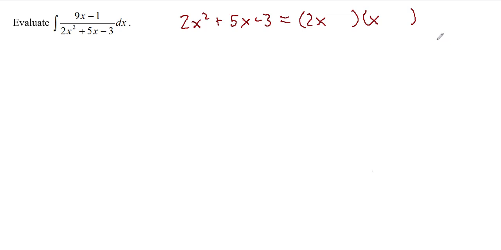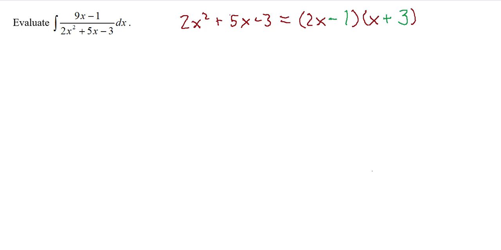And because we have the middle term 5x, we see that our 3 needs to be here and the 1 here. And because of the positive and negative signs, the way they are placed, this here must be positive and our very first term must be negative. So indeed, our denominator factors.